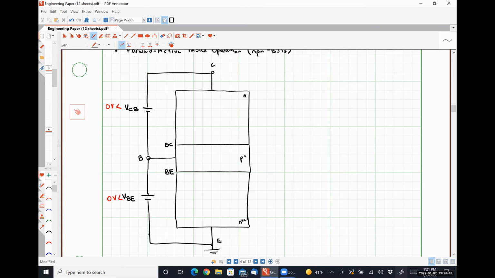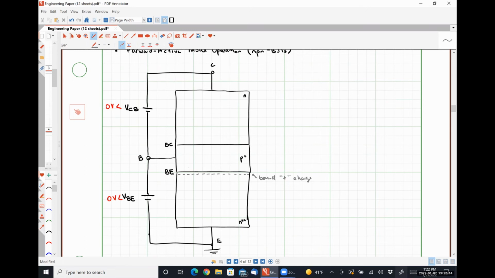We should see a very small layer of bound positive charge on the N side of the base emitter junction.